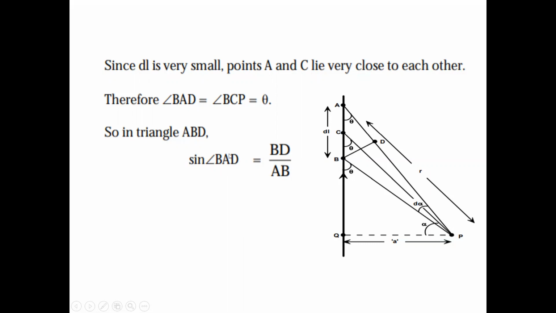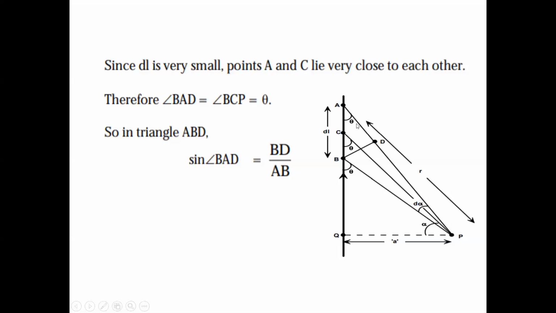Sine theta or sine BAD, both are same. So sine theta is equal to opposite side, that is BD. This is the hypotenuse. Why? Because here we draw a perpendicular, that is at D it is 90 degrees. So the opposite side of the right angle is called hypotenuse. So you don't have to take a straight line as a hypotenuse.